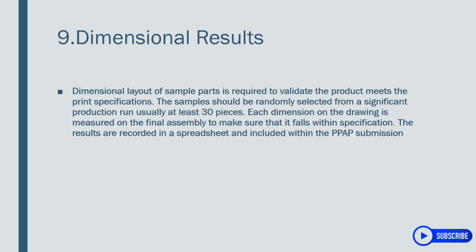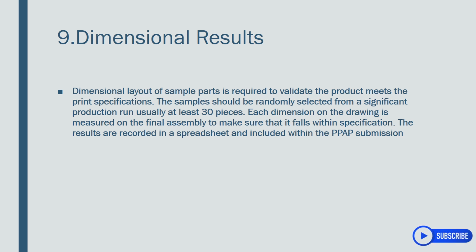The ninth element is dimensional results. The dimensional layout of a sample part is required to validate that a product meets the customer specification given in the customer drawings. The sample should be randomly selected from a significant production run. Usually at least 30 pieces need to be produced and checked for a dimensional layout.